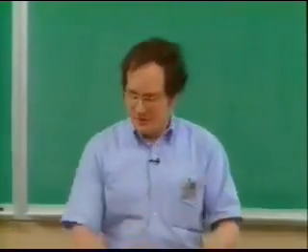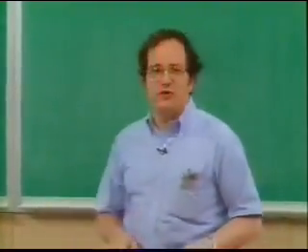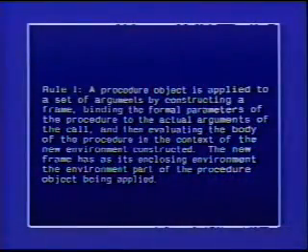The first rule, there's only two of them. These correspond to the substitution model rules. And the first one has to do with how you apply a procedure to its arguments. A procedure object is applied to a set of arguments by constructing a new frame. That frame will contain the mapping of the formal parameters to the actual parameters of the arguments that were supplied in the call.